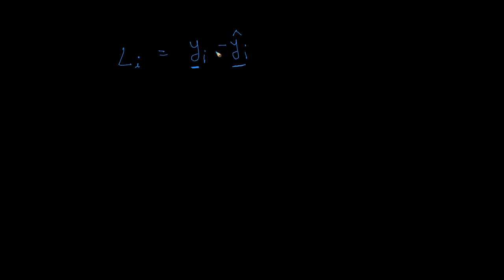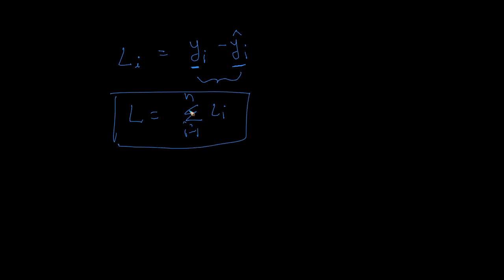If yi hat is very different from yi, we will get a bigger loss, right? So we want this difference to be very small. We want to minimize this difference. The total loss is the sum over i is equal to 1 to n. There are n data points, so it is the sum of li, right? So this is the total loss, and we want to minimize this total loss, right?